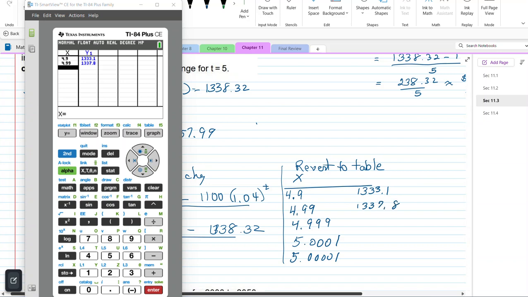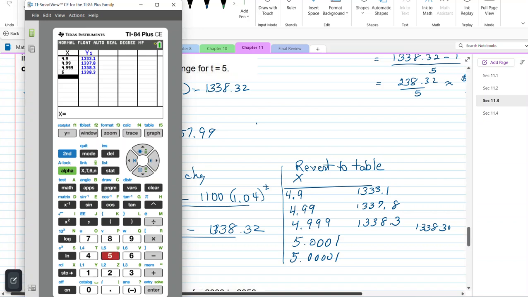And then I'm going to do 4.999, and I'm going to get closer, 1338.3. I'm going to do 5, but I'm not going to enter the 5. 5 is 1338.3, which is the same as the 4.999.